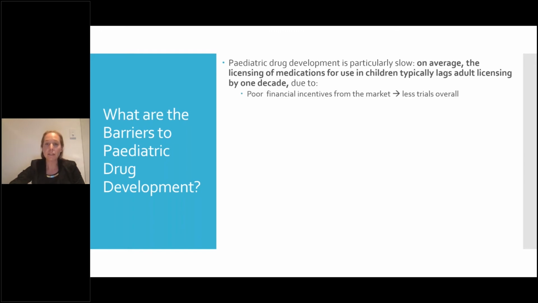And that's due to many reasons, and they include a poor financial incentive from the market. So it's a fairly unprofitable area for pharmaceutical companies to invest in, so there are fewer trials conducted overall. There's also a greater liability risk investigating this population, which deters industry from sponsoring trials. And there's a high risk of experiencing adverse events in this population.